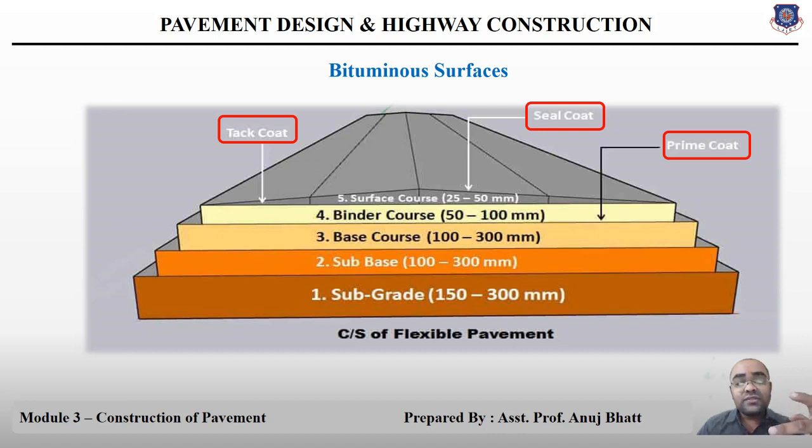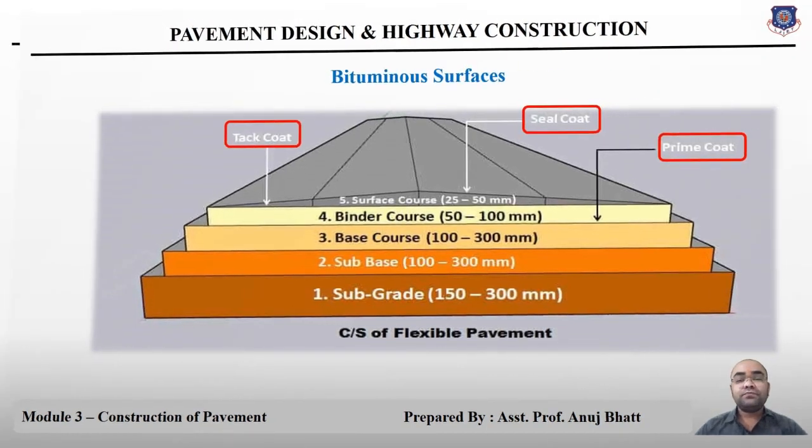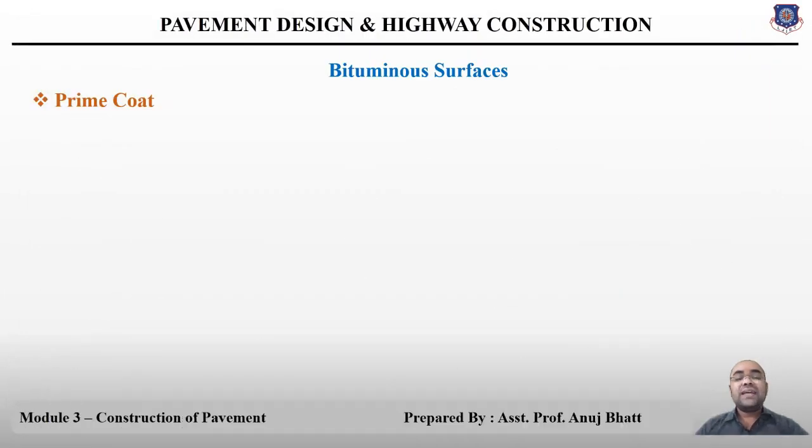That binder course is the fourth stage of the pavement, and on that binder course we are providing the surface course. This is generally known as the seal coat. Okay, so let's discuss the prime coat.